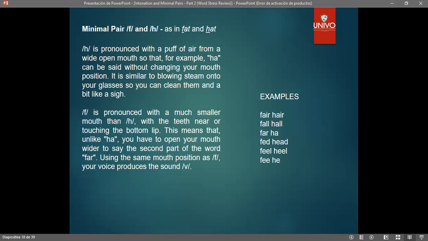Y tampoco es que les estoy diciendo que es imposible, ¿verdad? Para nada. No vayan a pensar que es imposible cuando hablamos con alguien extranjero, o en el caso de lo que ustedes se van a enfrentar y a lo que trato de llevarles, ¿verdad?